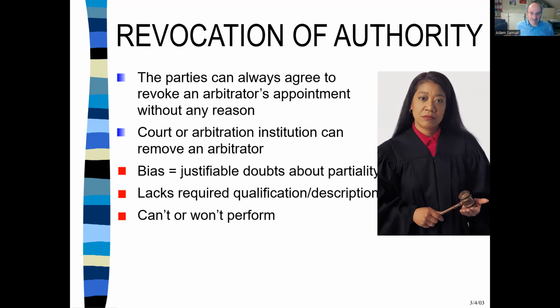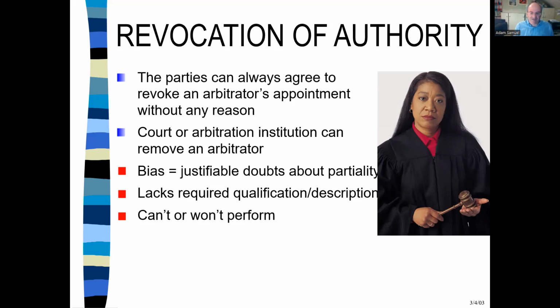Far better in that situation for the parties to get together and say, look, it's outrageous we haven't had an award for 3 years after the conclusion of the hearing. Should we both apply together to remove this arbitrator and thereby effectively prevent him from getting paid? It's a difficult one, actually, where an arbitrator won't perform appropriately.